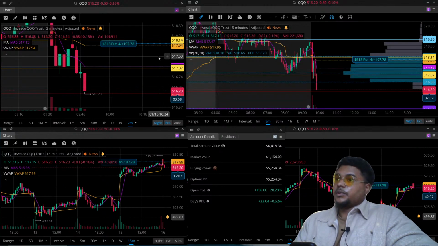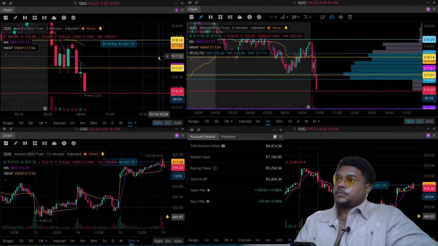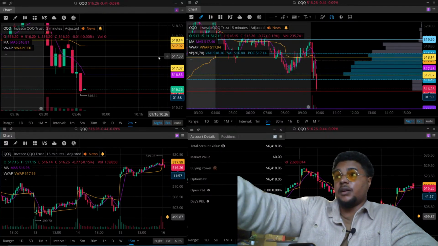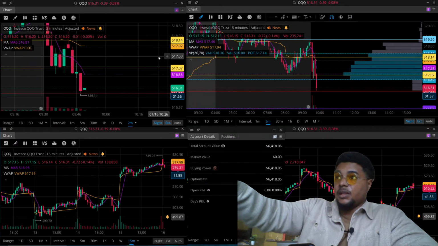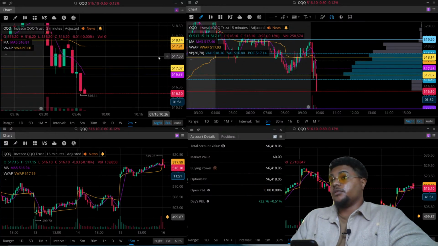This is a known support area, right? So I wanted to hit that, and it hit that 516 I had plotted, right? I'm not gonna mess around with it at that point. I want it to bounce first a little bit, and sometimes it doesn't bounce.